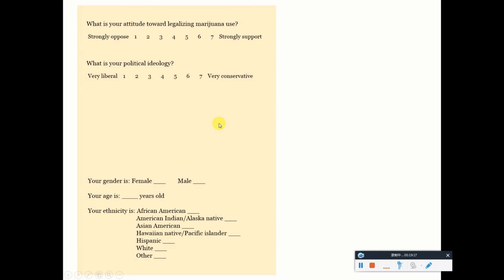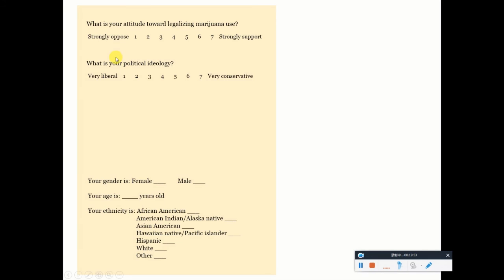But now, if our hypothesis, let's say our guess, is that the reason people have all these different views on legalizing marijuana use is because they hold different political ideologies, then you better measure people's political ideology, right? Because if you do not include a question in this questionnaire, you will not be able to know people's ideologies.